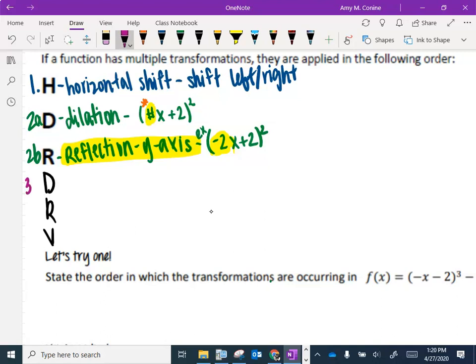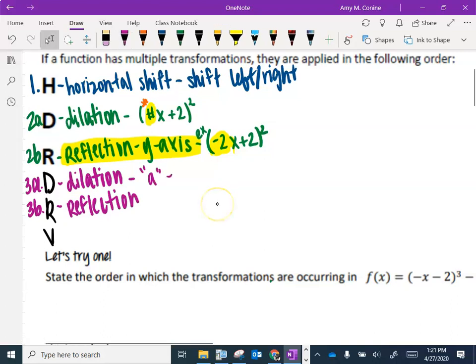So then the next one, again, it's sort of a 3A and a 3B. Again, the D means dilation, and then the R means reflection. I'm going to show you what those are. So this is when you have A. So if you recall, if there was a number in front of your function here, you would do this dilation of 2.